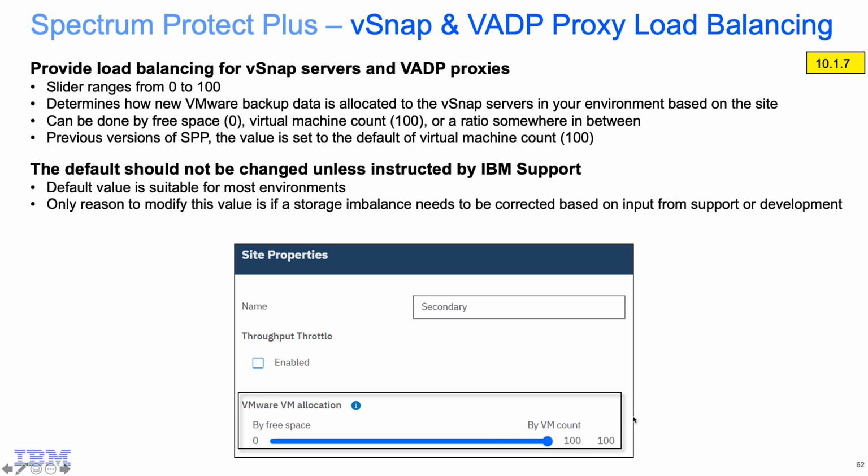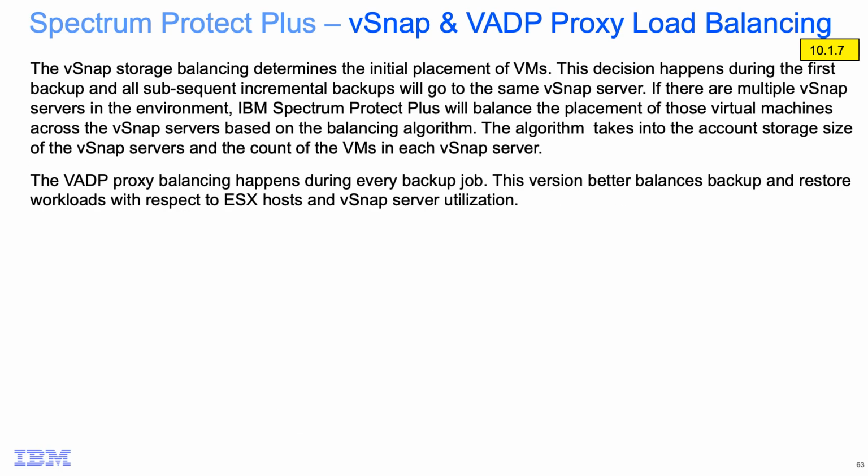As you can see here, you can do it by VM count or by free space. Now, the recommendation is to go with the default unless you're experiencing some problem with the allocation or maybe you want to make a temporary adjustment. Our recommendation is to do that when you work with IBM support. Otherwise, go with the default.